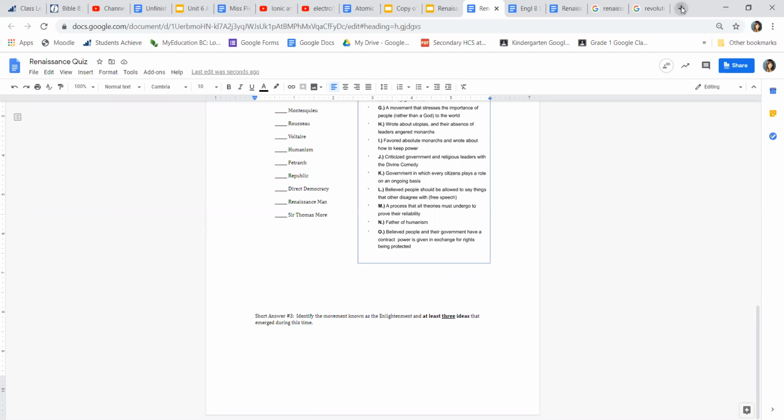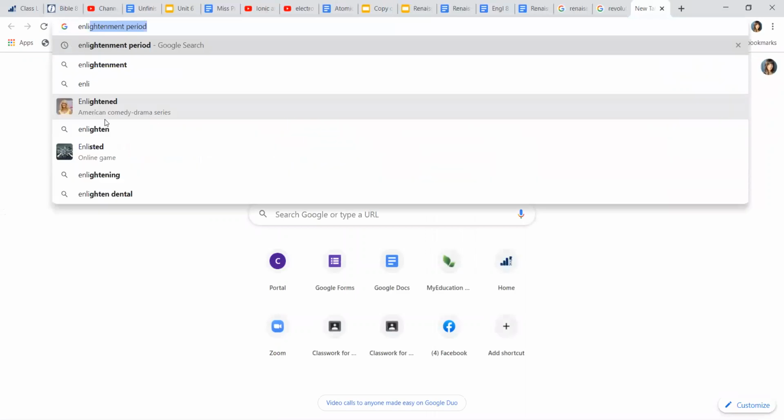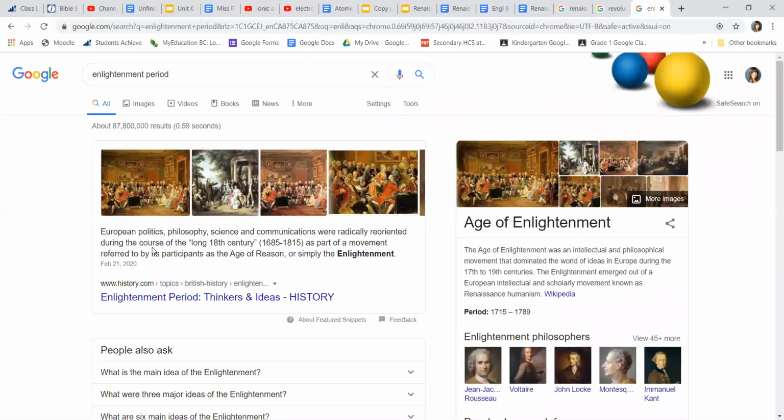And if you get stuck, you can even look it up, and it talks about how they're looking at different politics, philosophy, science, and communications, and how that was completely changed. They were really changing how all of this was done. We're already looking at science and the way that they approached scientific discovery and experimentation, they were completely changing that.